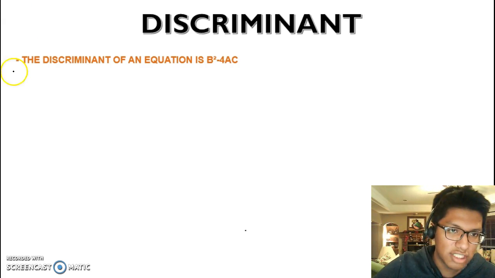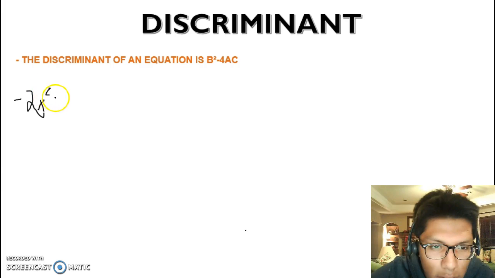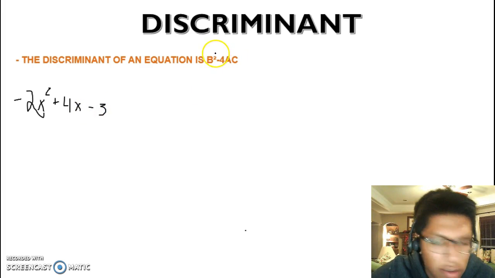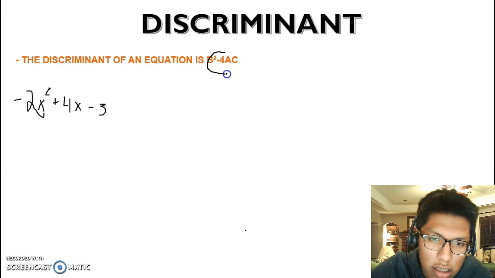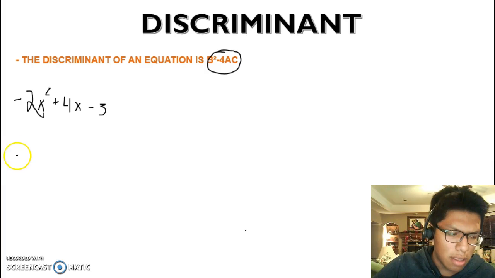So an example of how we would use it is, here's a quadratic equation, negative 2x squared plus 4x minus 3. So after you plug this into this discriminant template, you're going to be left with negative 8.